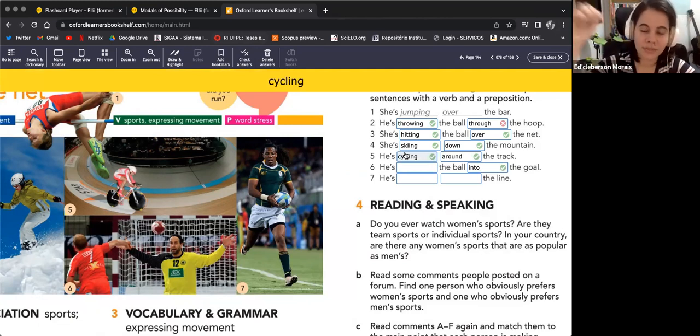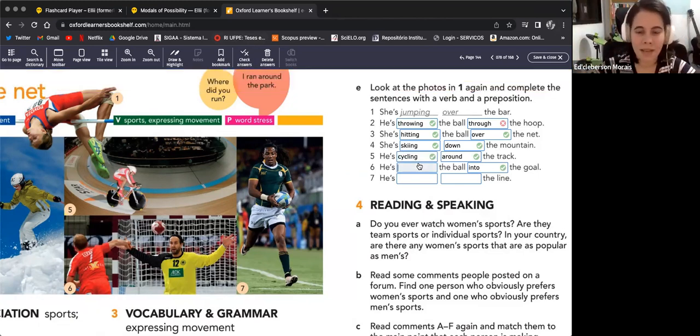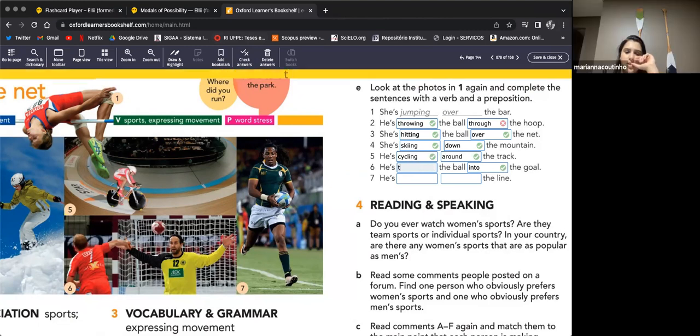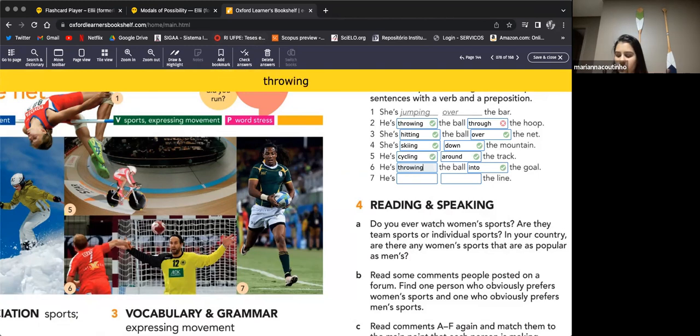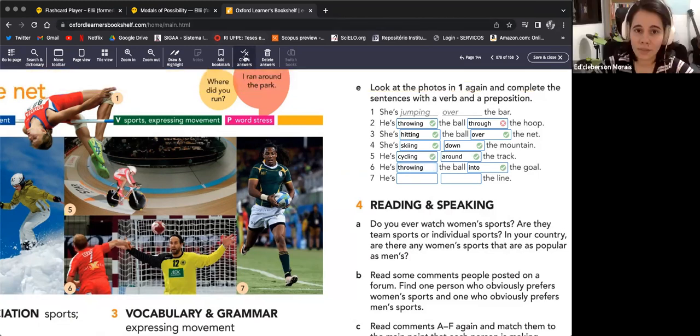Into. Não dentro, mas é pra dentro. Ok. Mas qual é o verbo? Which one is a verb? Throwing. To throw. Throwing. Yes, okay. Every time você joga a bola, you are throwing the ball, okay? The right verb is throw.